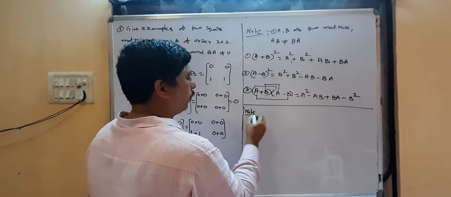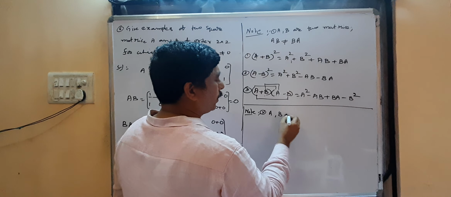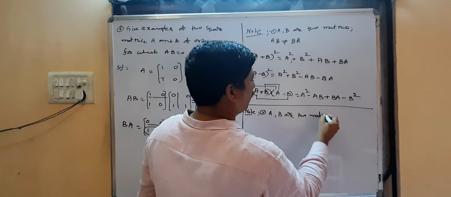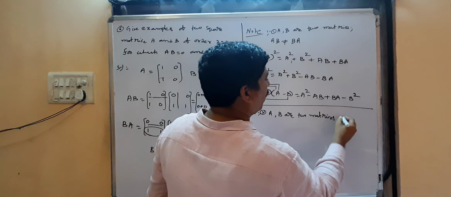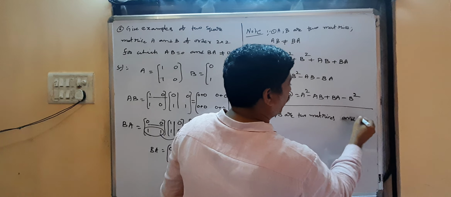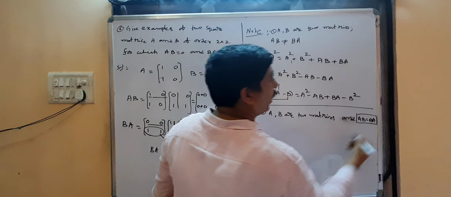Next note: A, B are two matrices and AB equals BA.